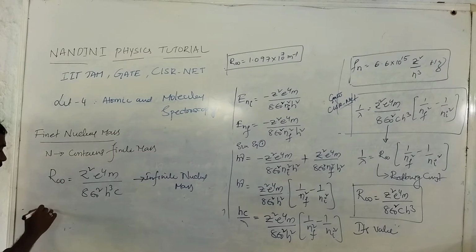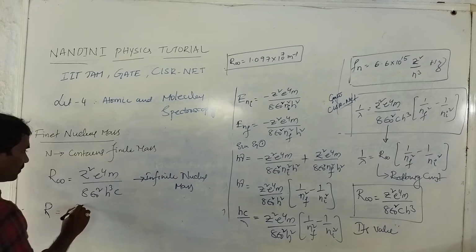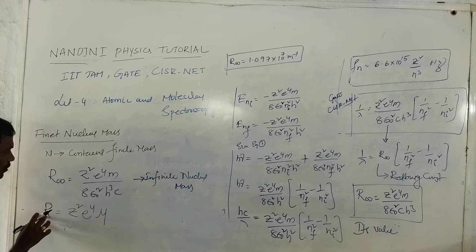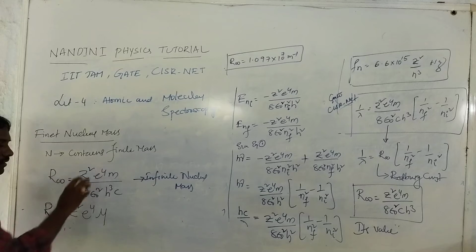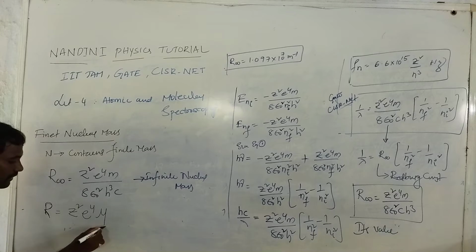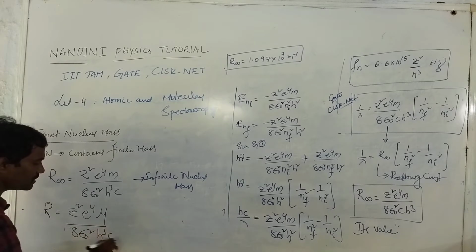Okay, so right now I will change this infinite Rydberg constant into finite condition. So therefore I introduce the new term, that is called R only. This is called Rydberg constant. R is equal to Z square e power 4, because I introduced reduced mass concept where I am using finite mass condition, divided by 8 epsilon naught square h cube c.